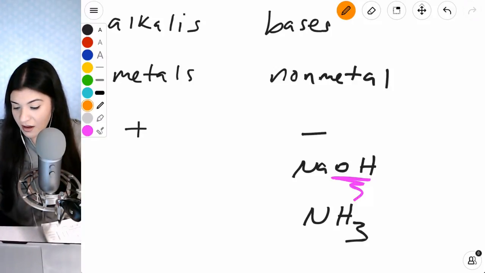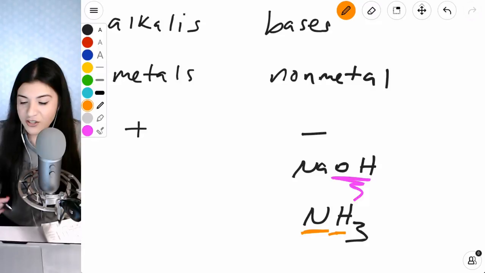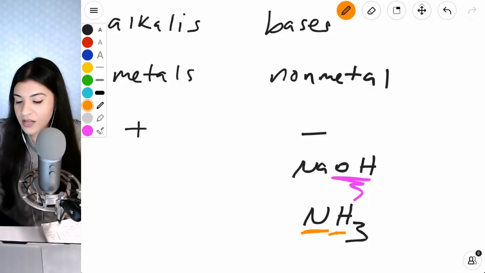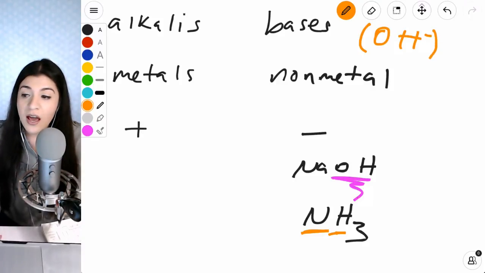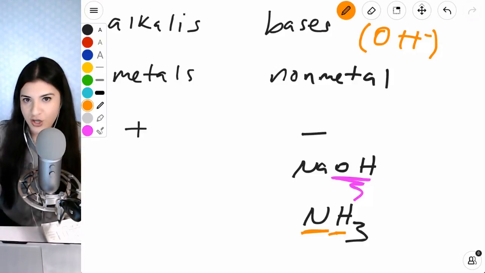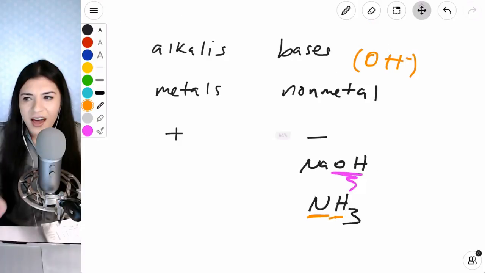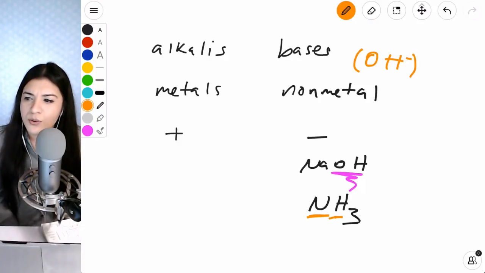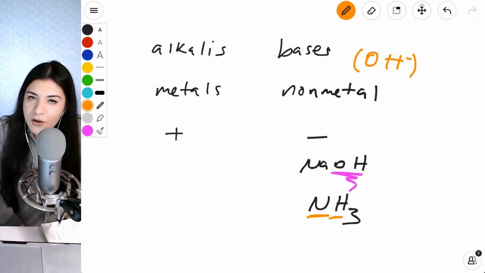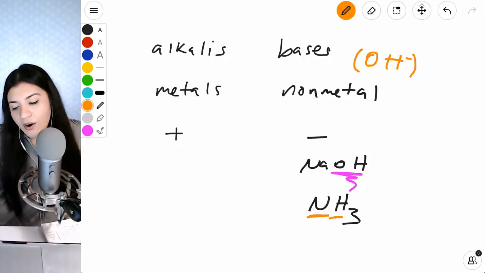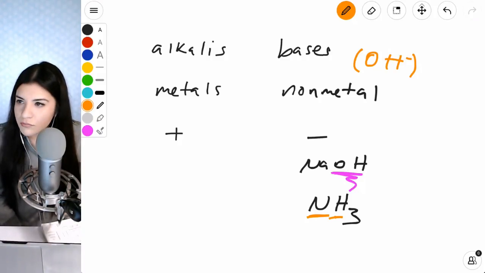And once again, these consist of nonmetals, right? Nitrogen and hydrogen are types of nonmetals. If I were just to look at a base, a really common one would be hydroxide. Oxygen we know is a nonmetal. Hydrogen is also a nonmetal. That I would say is the major difference if you were asked that question. Alkalis are metals, positively charged. Bases are nonmetals, negatively charged. Okay.